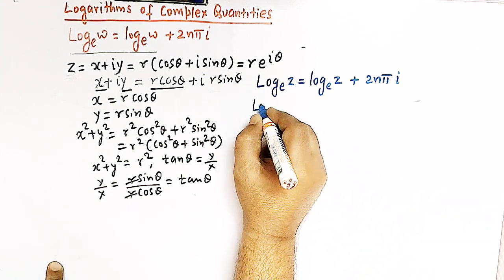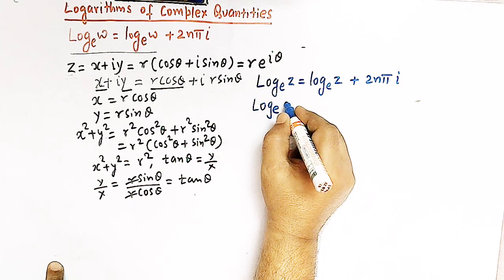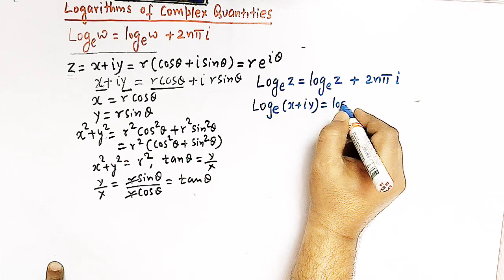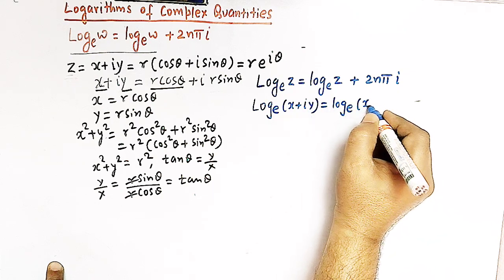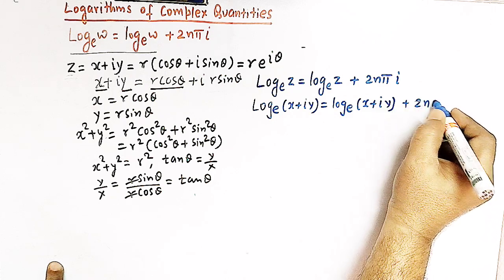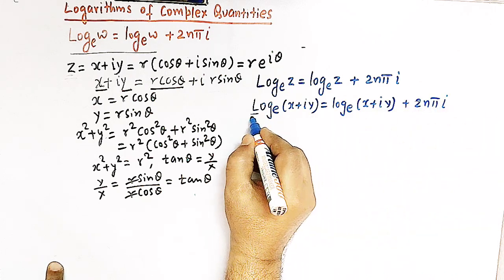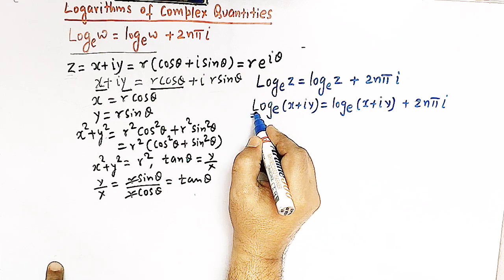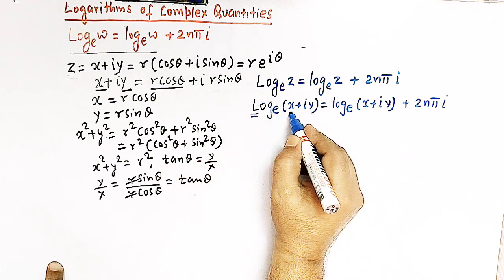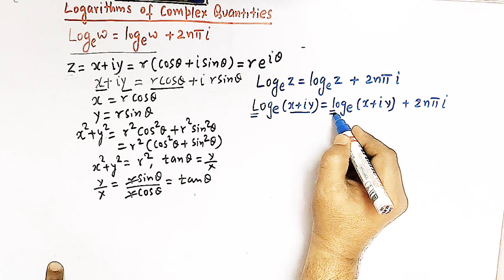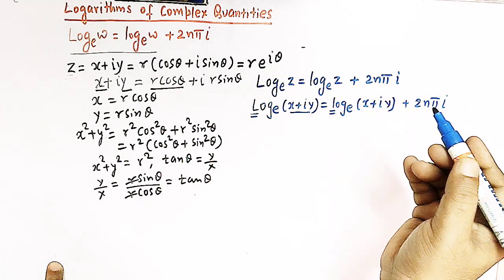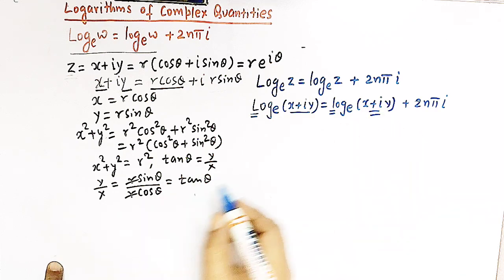So now we can write Log of x plus iy is equal to log of x plus iy, plus 2n pi i, and remember here we have the capital L denoting the general value of the logarithm of this complex number, and this l, that is the small l, represents the principal value of this complex number, right?